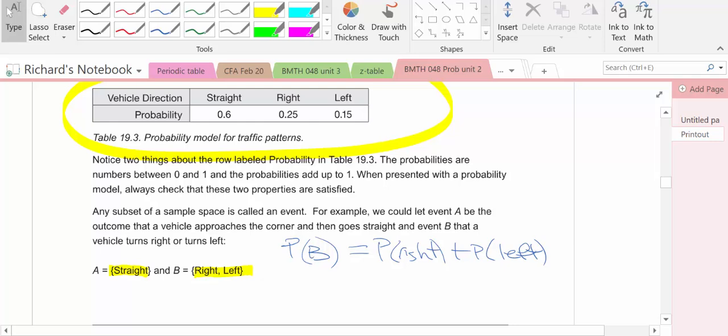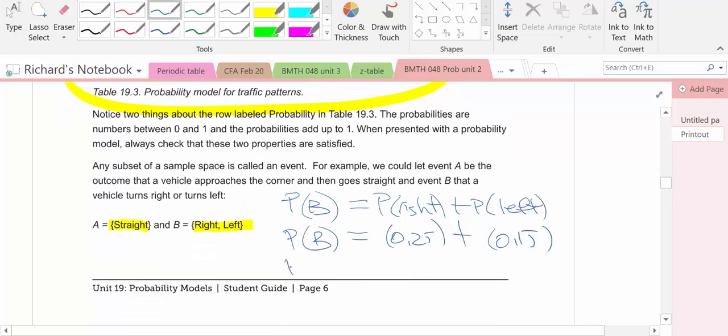And so the key word here, if in the problem you can fit in the word or, that means you're adding probabilities, like I'm doing right here. So the probability of event B occurring is the probability that the vehicle is going to go right, which is 0.25, added to the probability that the vehicle is going to go left, which is 0.15.